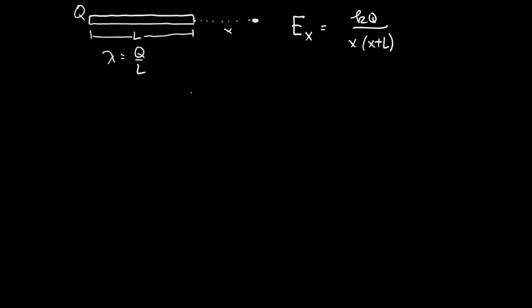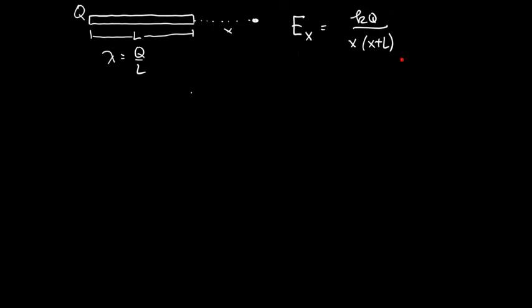Let's do a concrete example of this. Now let's look at the same rod, except we're going to be looking around the end instead. So before we had our rod and we were looking at distance x this way down from the center. Now let's look at distance x away from the edge, and we can do the calculation.